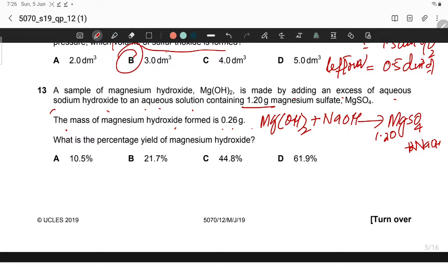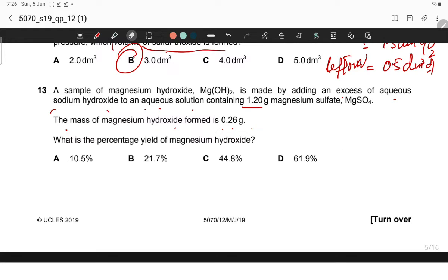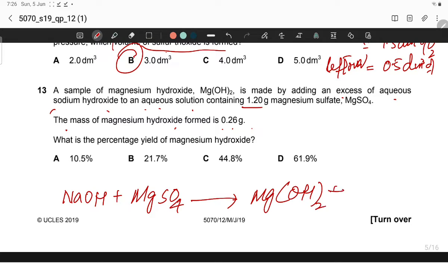So the reaction is sodium hydroxide plus magnesium sulfate to form magnesium hydroxide plus Na2SO4.